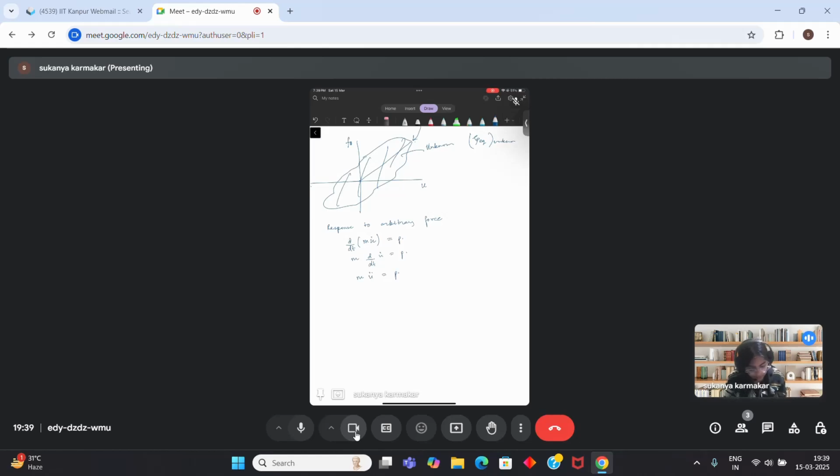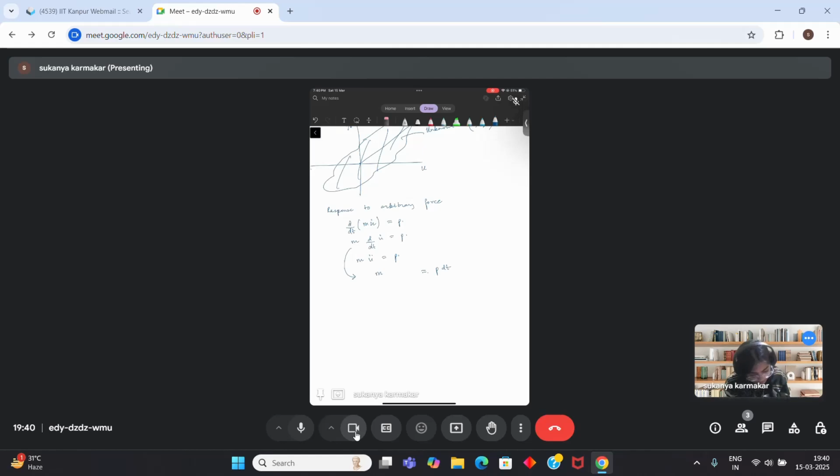Now, suppose I want to take up this equation, and suppose I bring dt on the right hand side. So P dt is equal to m d u dot, and suppose I want to integrate this equation from t1 to t2.